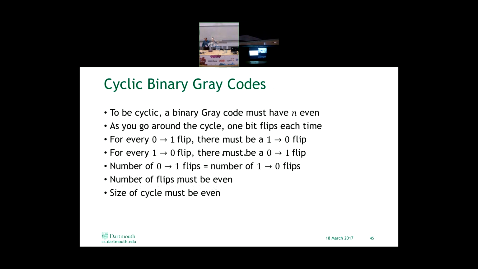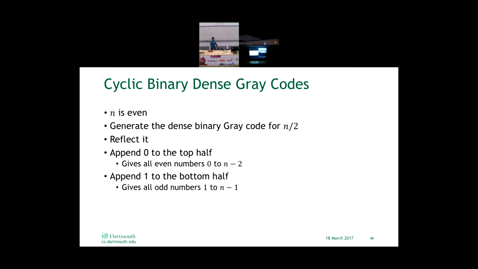When I append a 0, that's doubling every one of those numbers. So that's going to give us all the even numbers from 0 to n minus 2. And then we're going to append 1 to the bottom half. And that's going to give us all the odd numbers from 1 to n minus 1. And those are all the numbers that we need, and I'm going to show you how that works out.